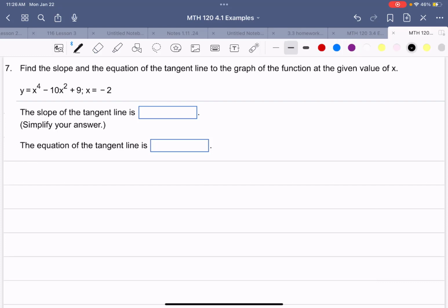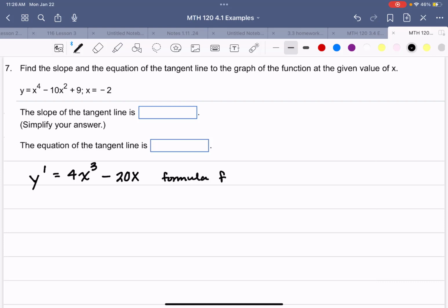So our derivative, y prime, is going to be 4 times x to the 4 minus 1, which is 3, minus 10 times 2, 20, x to the 2 minus 1, which is 1, and then the derivative of 9 is 0.